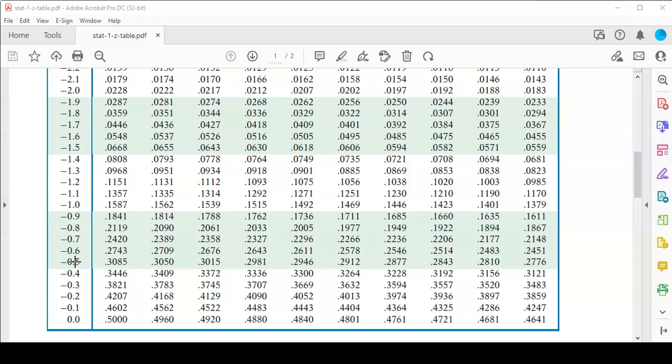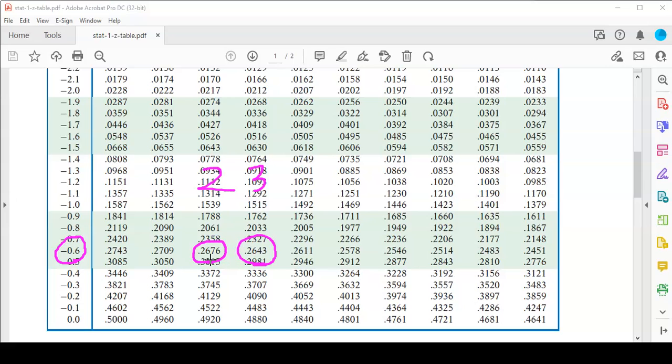So negative 0.6 and the 0, 1, 2 column and 3 column. So this is the probability associated to negative 0.62, and this one is associated to negative 0.63. I'm gonna need something in the middle because I have negative 0.625.